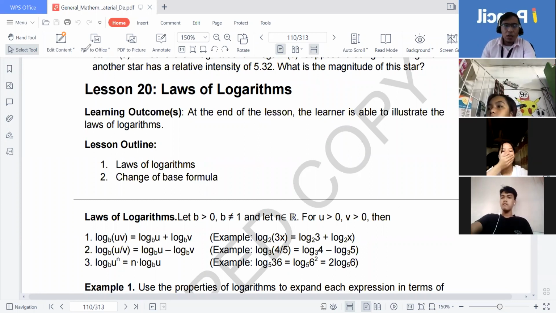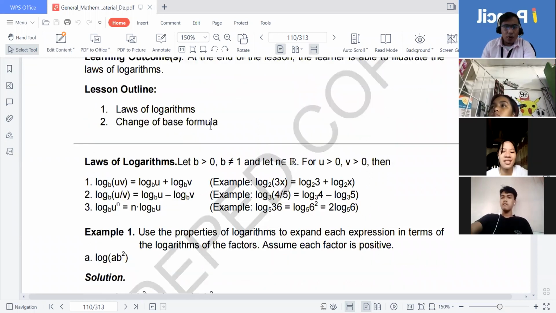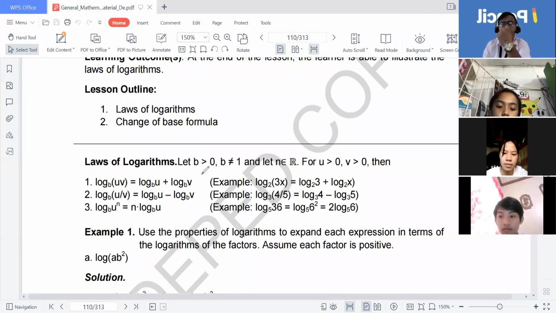There are 3 laws of logarithm that we need to focus on. The same thing holds for the exponential expression.